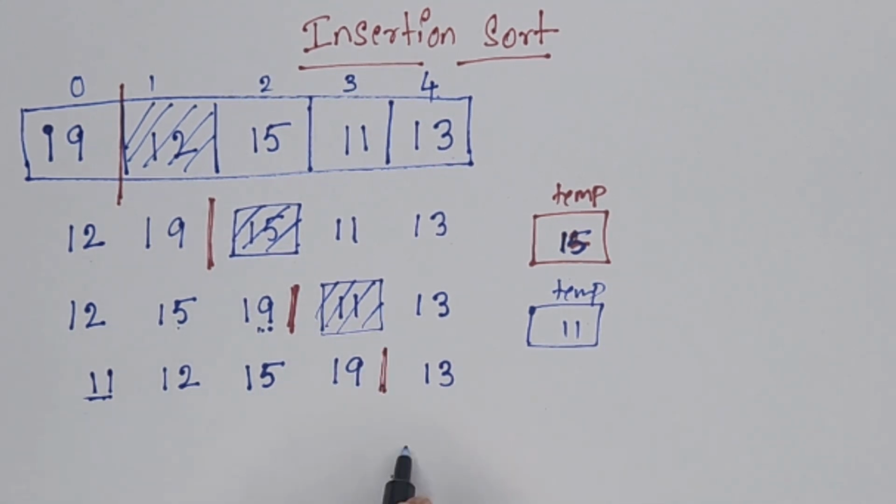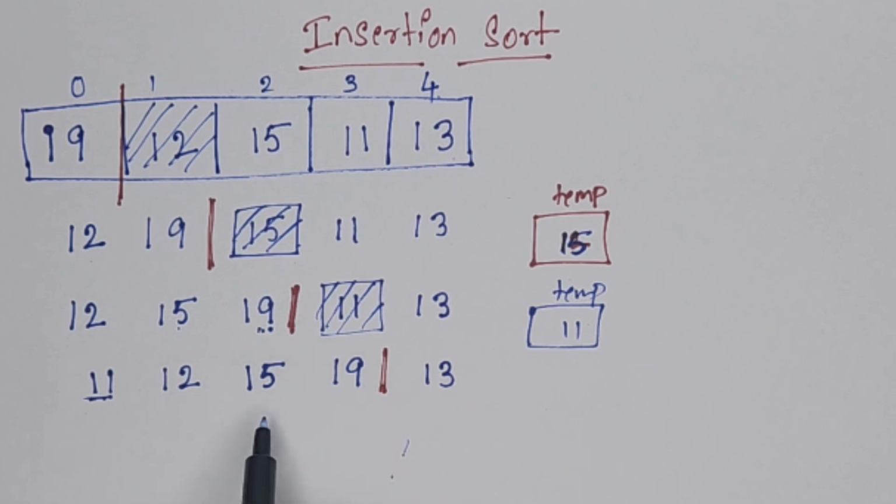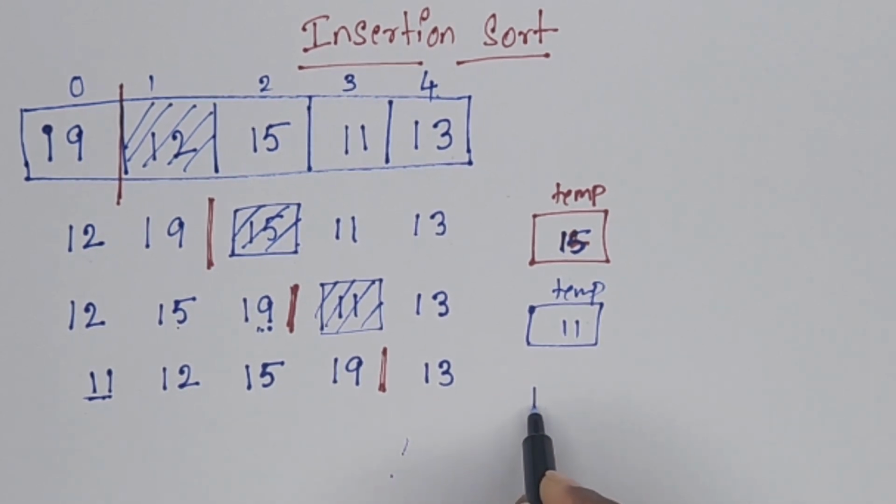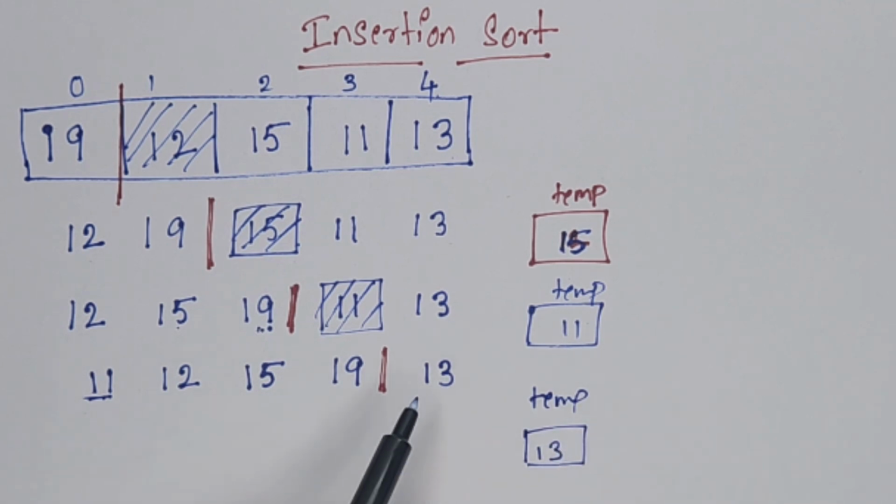One element is left in the unsorted array. Now 13 is also compared. So 13 is compared with the sorted array elements and we have to find the proper place. Whether we have to compare with all the elements or not depends on the elements. See, now 13 is assigned to one temporary variable. Now 13 is compared with, this is the fourth element, right?